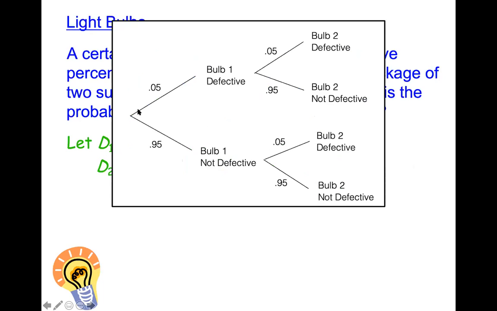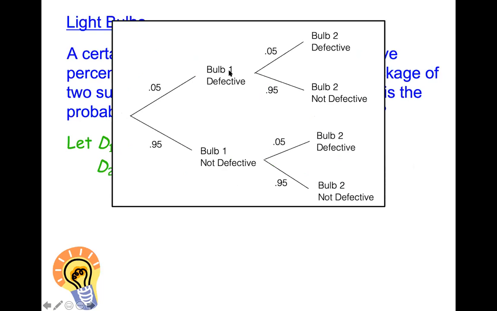So this first set of branches is what happens with bulb 1. Bulb 1 could be defective, and there's a 5% chance of that happening, 0.05. Bulb 1 not being defective, there's a 95% chance of that happening.